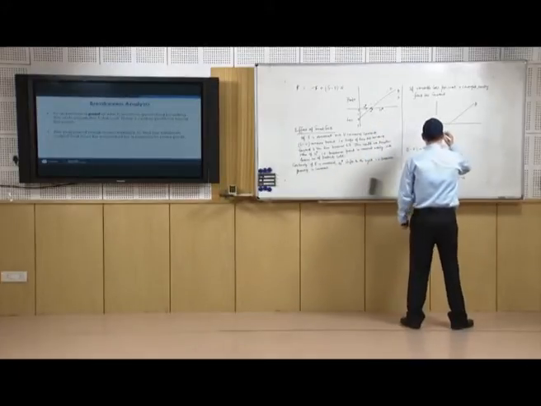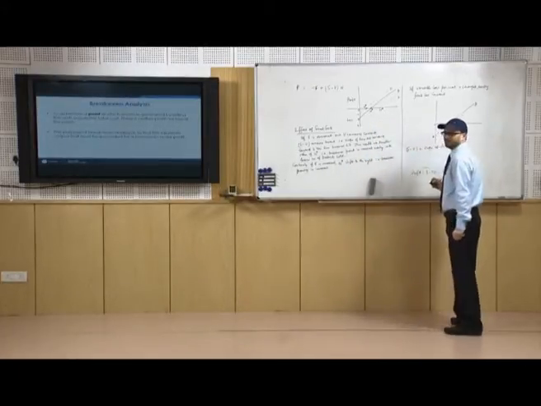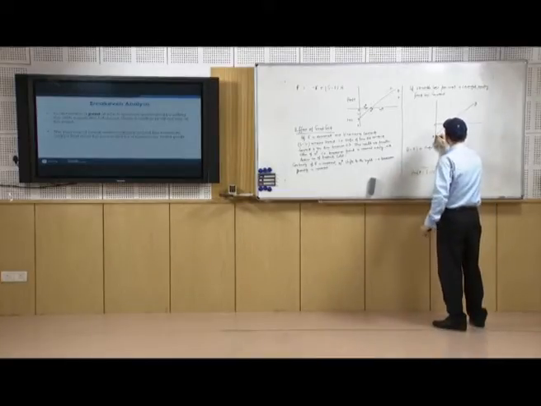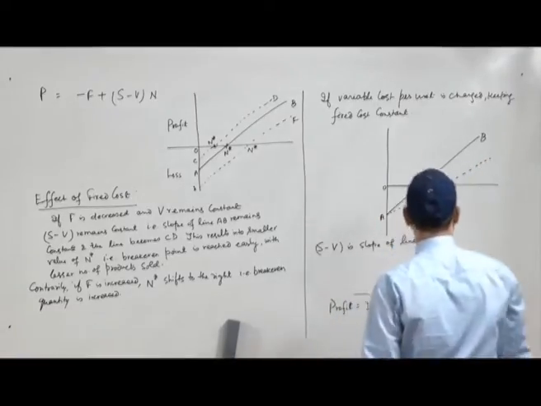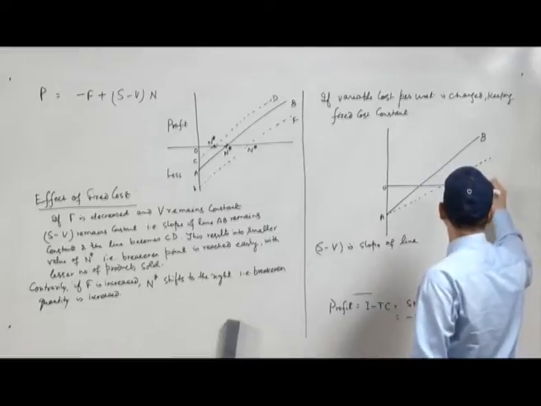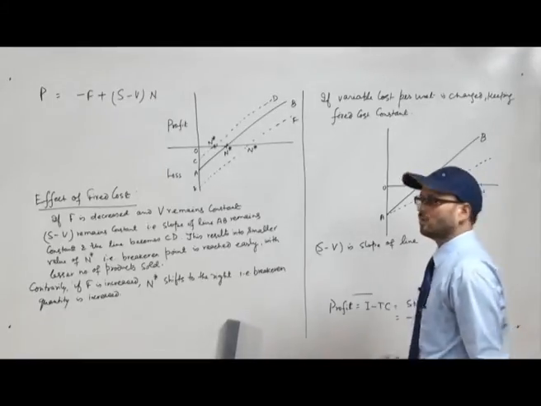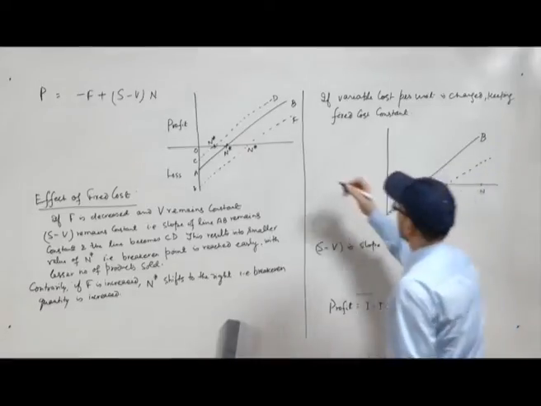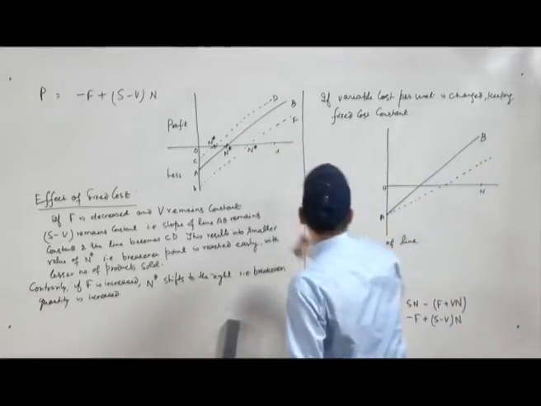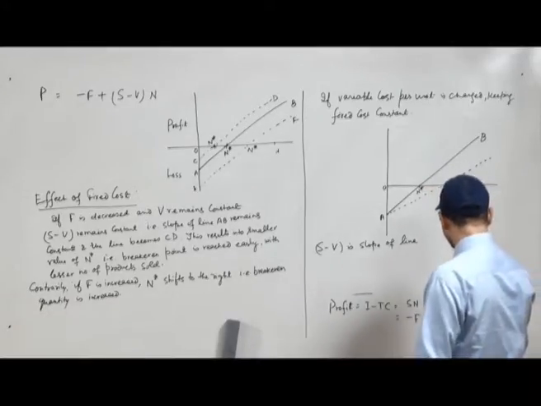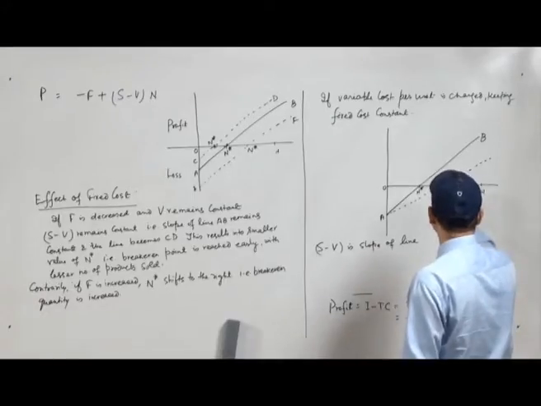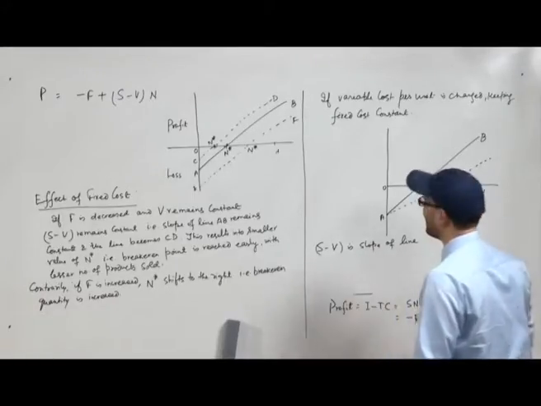So, keeping the fixed cost same, if the slope of the line is decreasing, the line will take this form. Earlier we had n star here; when the variable cost is increased, the n star has come towards the right.